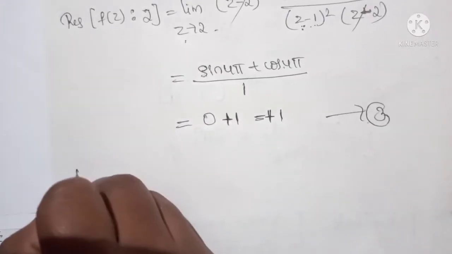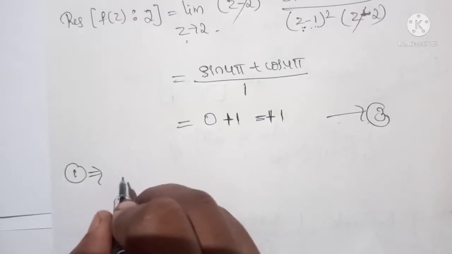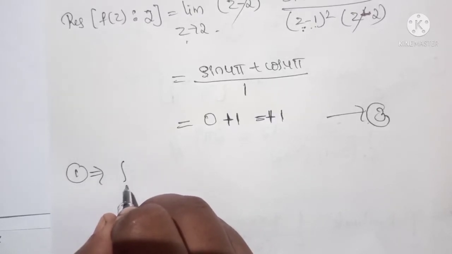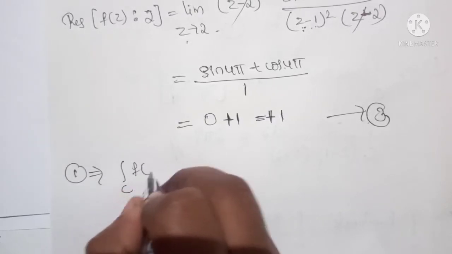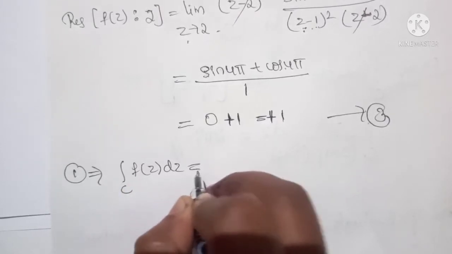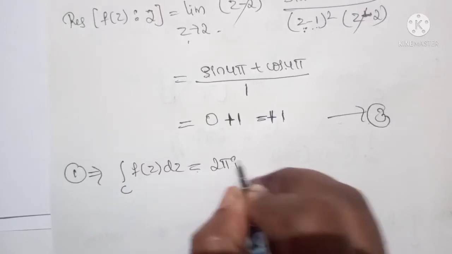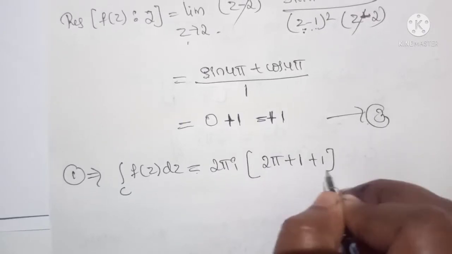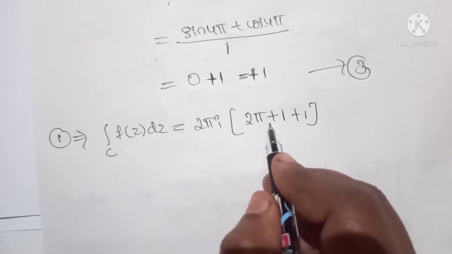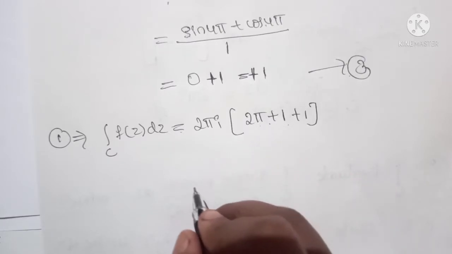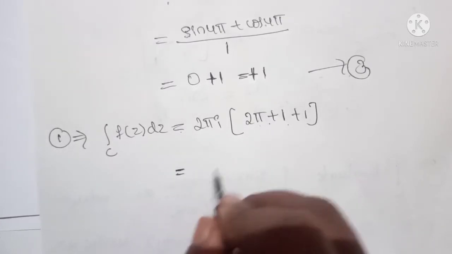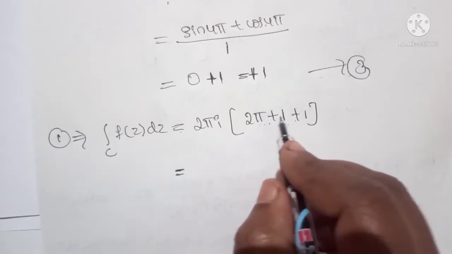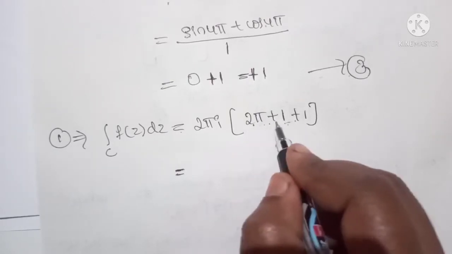Now substituting equations 2 and 3 in equation 1, we get the integral over c of f of z dz equals the sum of the residues, that is 2 pi plus 1 plus 1, we get 2 pi plus 2.